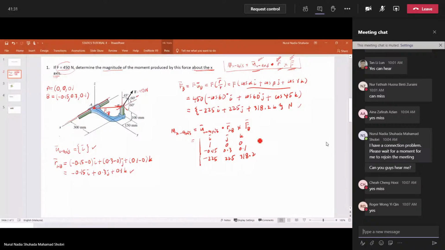So you solve this matrix, and it will be something like this.